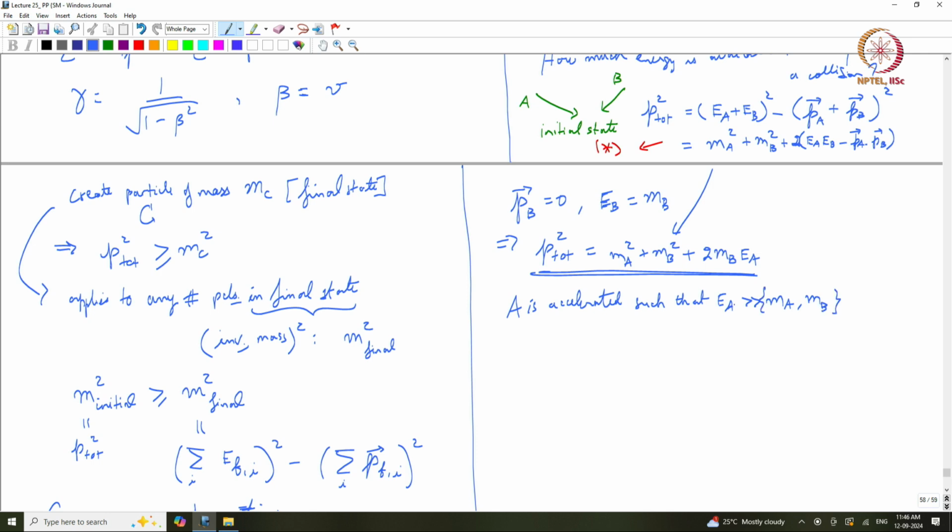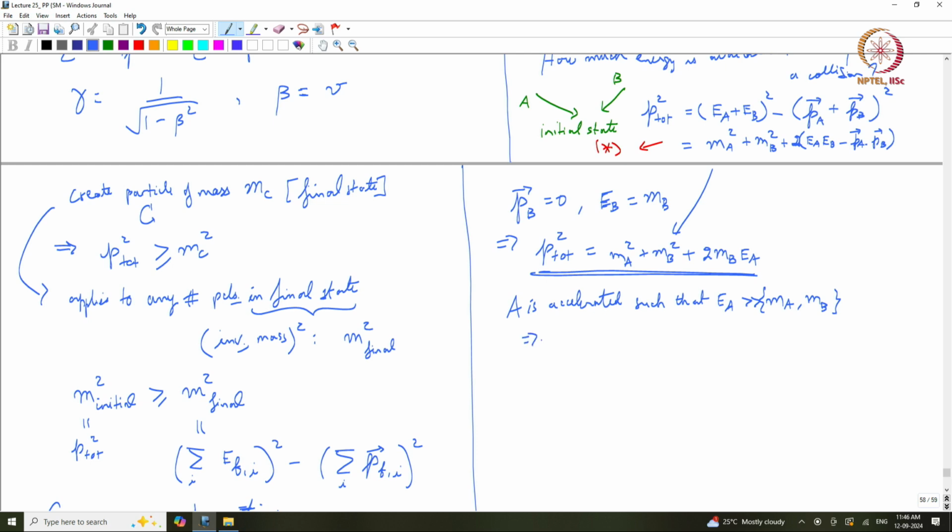Okay. To give an example, let us take some proton beam which I am accelerating to say 10 GeV, and then I am hitting protons on protons. So, MA is 1 GeV, MB is also 1 GeV, so I can neglect it basically. Basically in this problem it is as though the beam and the target particles are massless. Okay.